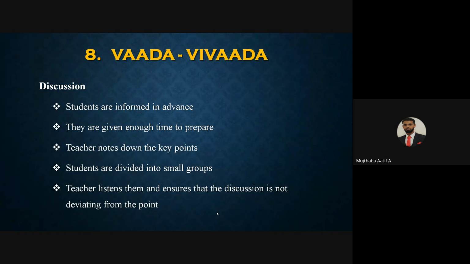And then it will kill the whole purpose of Vada Vivada, or the whole purpose of Shastrartha, because our purpose is not to initiate infighting. Our purpose is just to ensure that students have developed a certain kind of tolerance to others' views.